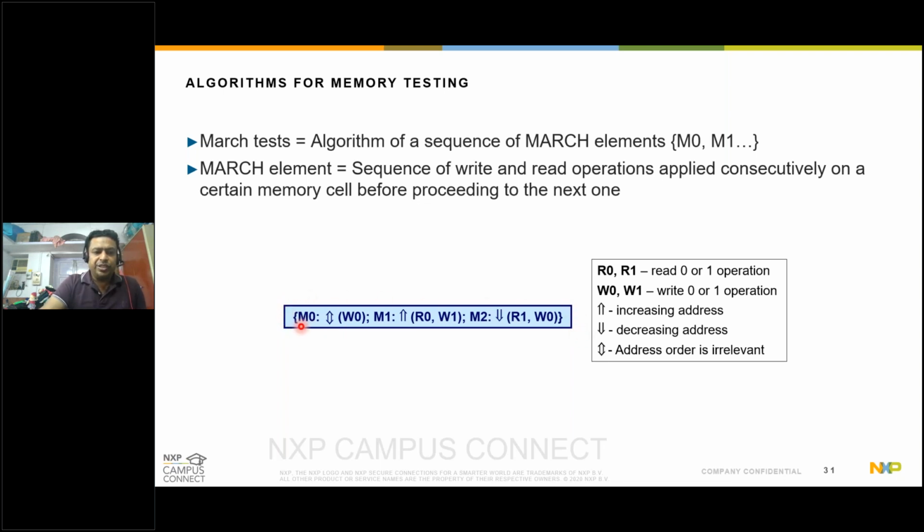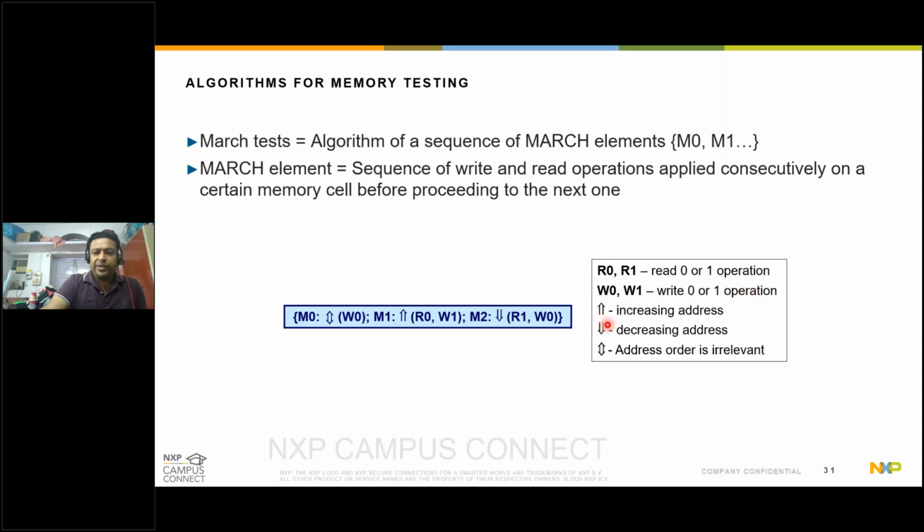And each of these M0, M1, M2 are the March elements. The notation you use to indicate the operation that would be done for each March element is shown in this box. R0 indicates a read 0, and R1 indicates a read 1 operation. W0 indicates a write 0, and W1 indicates a write 1 operation.